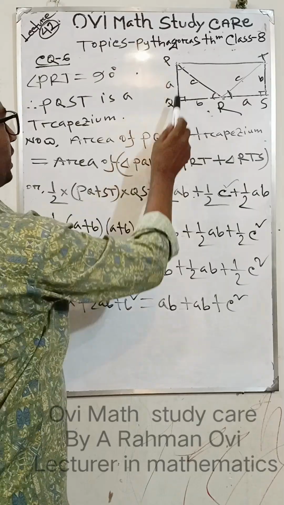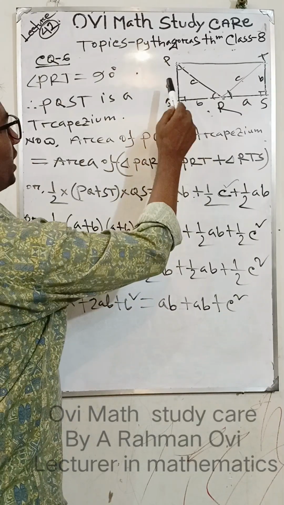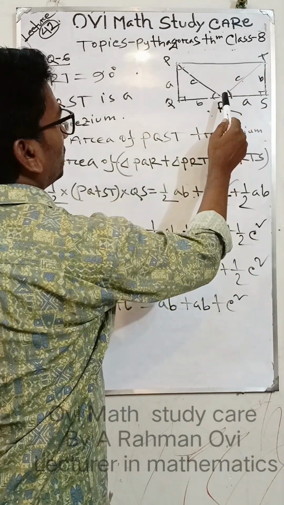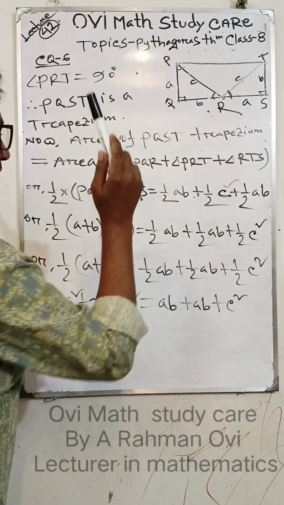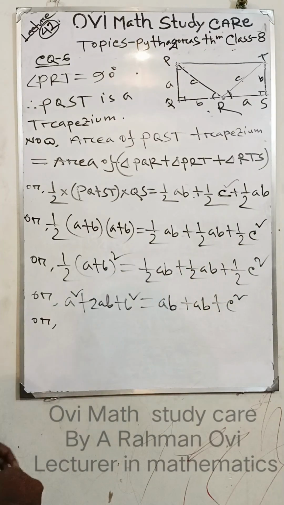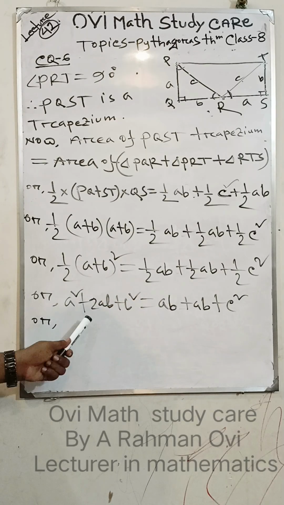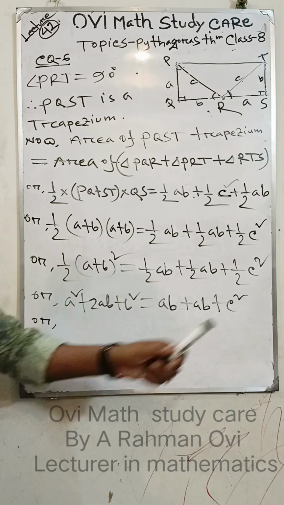Our area of PQR is half of base into height, that means AB, and half of RTS also AB. So if we omit the half, then it will be A square plus 2AB plus B square equal to AB plus AB plus C square.